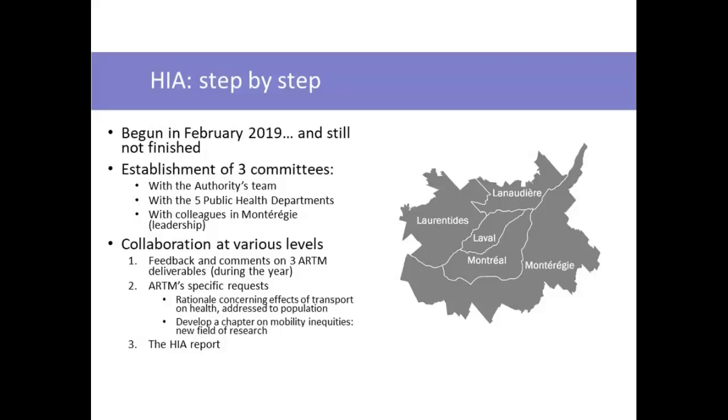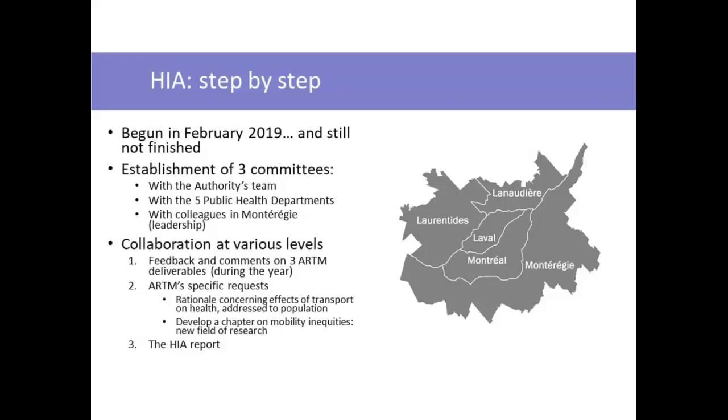And finally, the third committee was one with my colleagues in my department in Montérégie. The Montérégie team provided leadership and was in charge of the screening and the scoping phases. But we worked with the committee comprising the public health departments, and afterwards we validated this work with the authority's team.